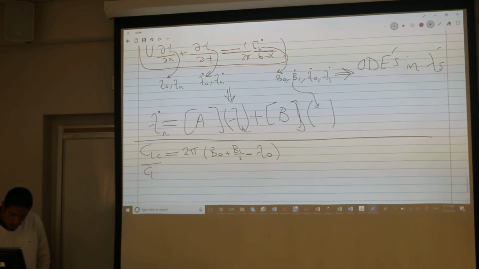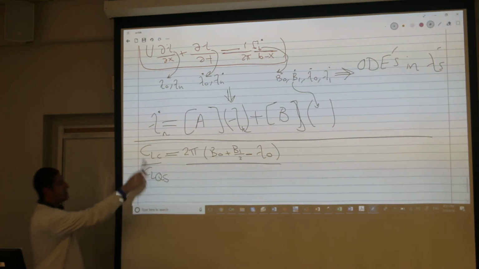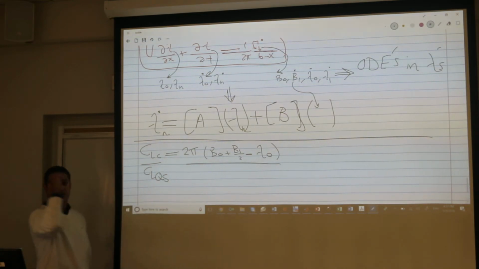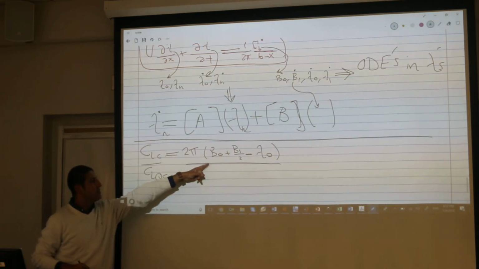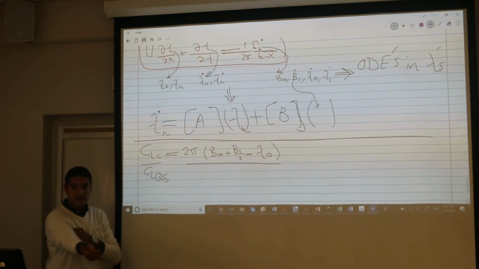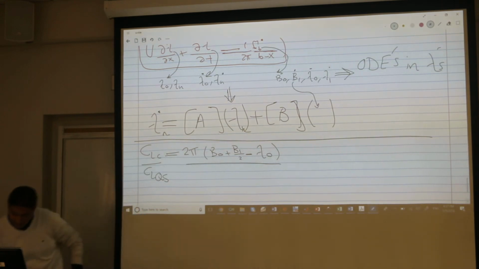If we divide it by quasi-steady to get the transfer function of the flow, let's divide by quasi-steady. What's the quasi-steady? If this is the circulatory lift, can you tell me what's the quasi-steady from here? Yeah, this is 2 pi B naught plus B1 over 2.